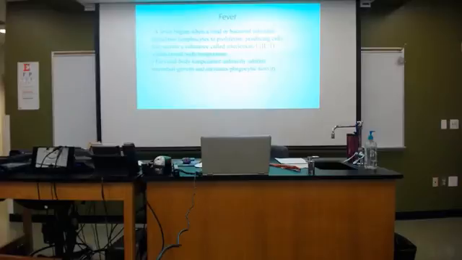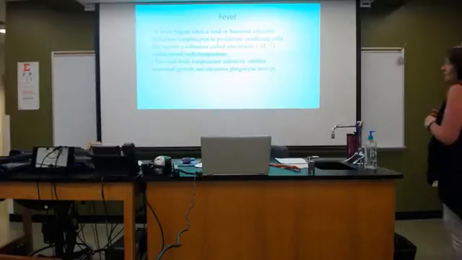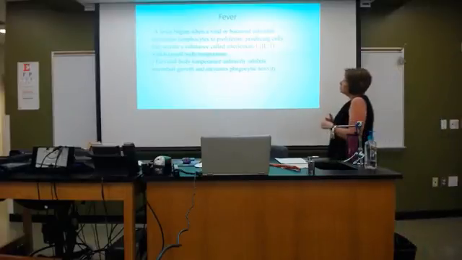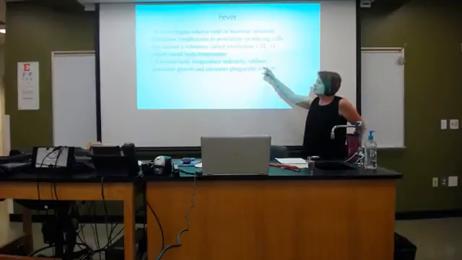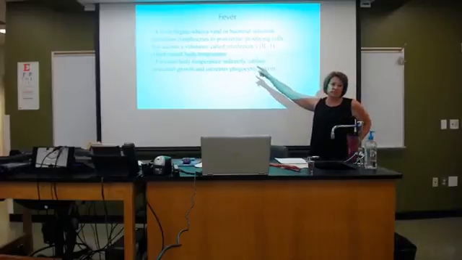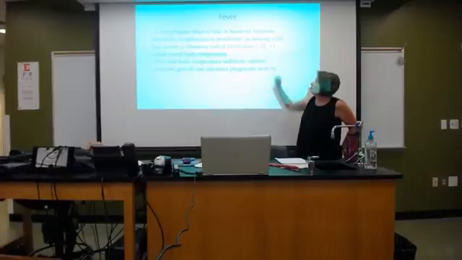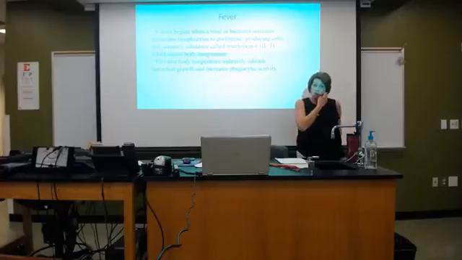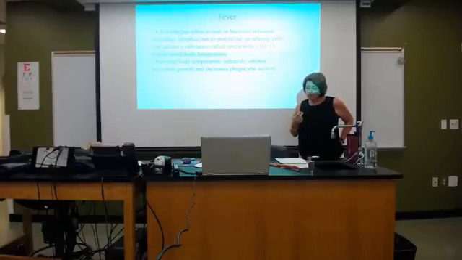So when we have a viral or bacterial infection, one of the things that's happening is that it stimulates lymphocytes to proliferate. What does that mean? To get a whole bunch of them, okay?